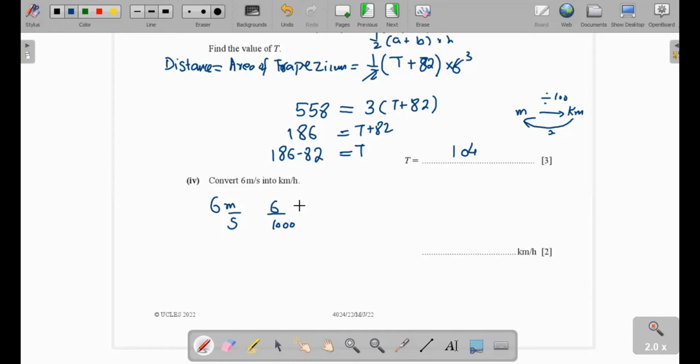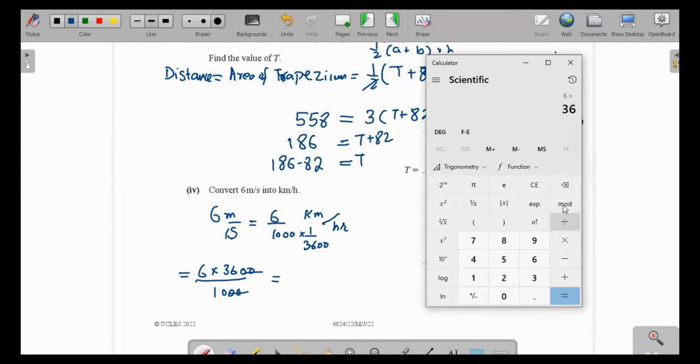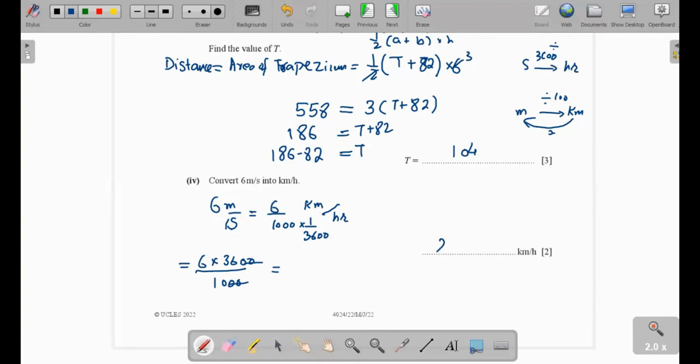Next, seconds to hours: we multiply by 3600. That is equal to 6 times 3600 over 1000. We multiply 6 by 3600, and divided by 1000, we get 21.6 kilometers per hour. That is the value.